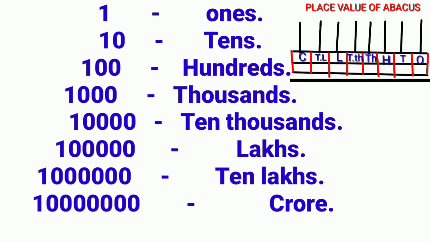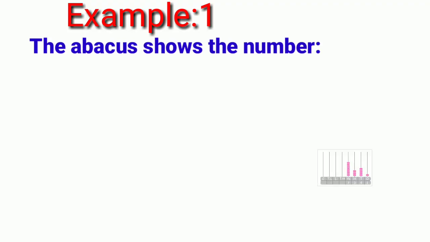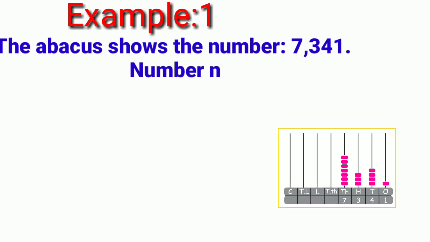Let us learn a few examples. Now see example 1. The abacus shows the number 7,341.